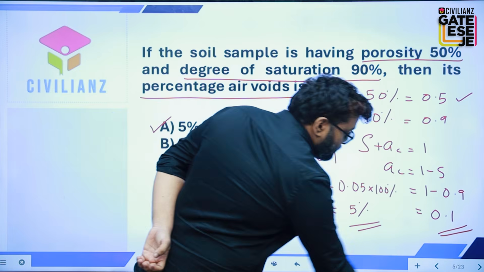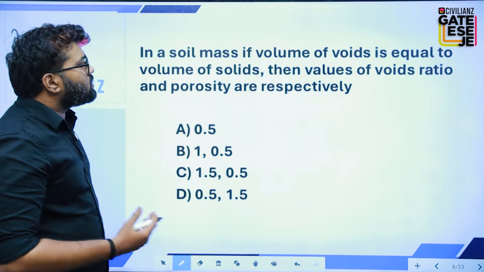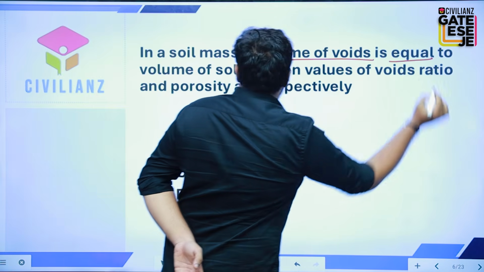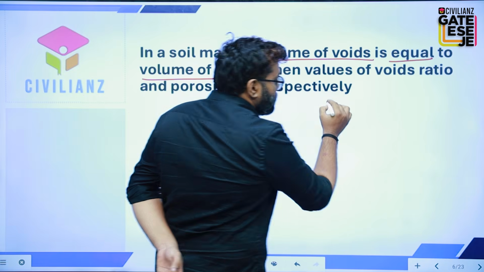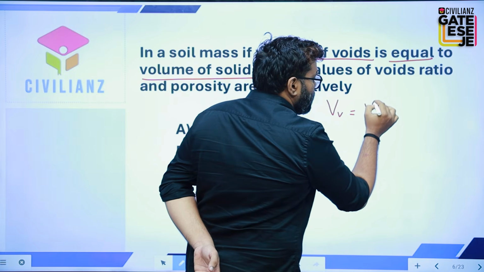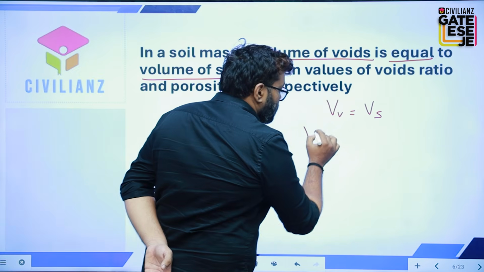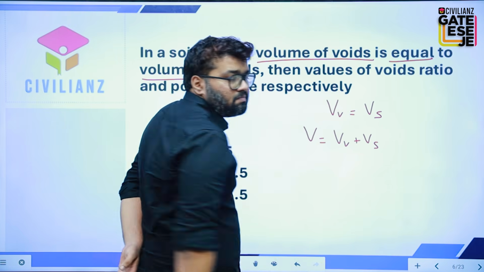So next question. In a soil, if the volume of voids is equal to volume of solids. So given volume of voids is equal to volume of solids. We all know that total volume is equal to volume of voids plus volume of solids.